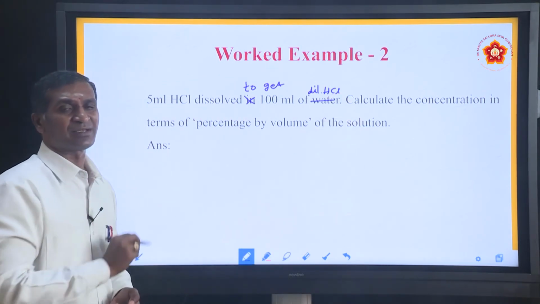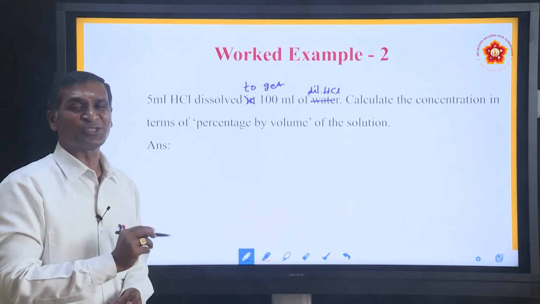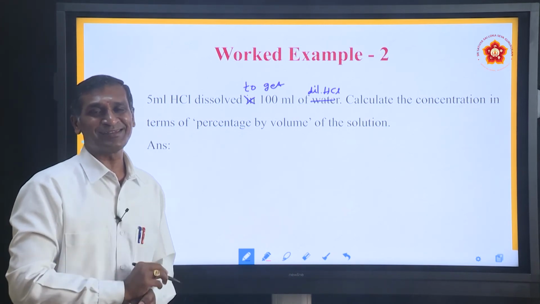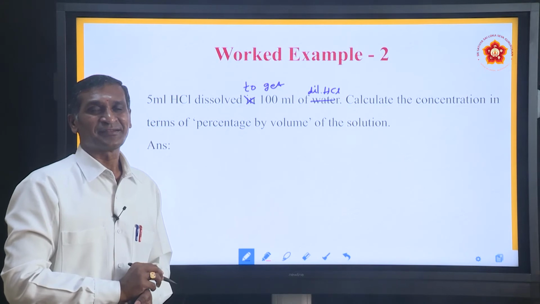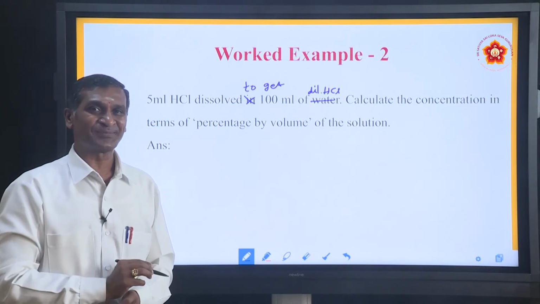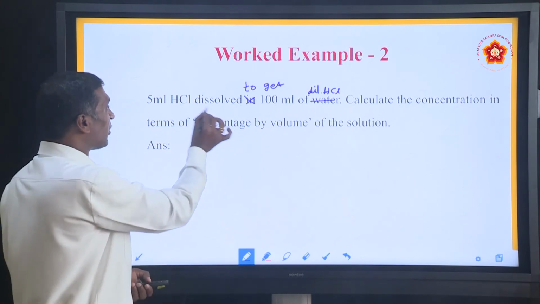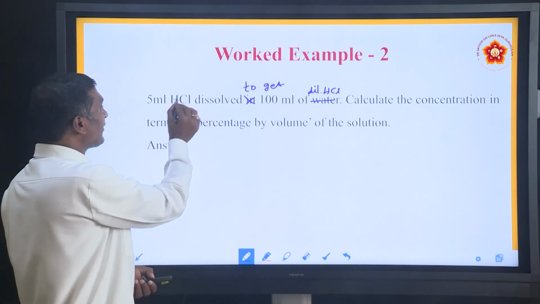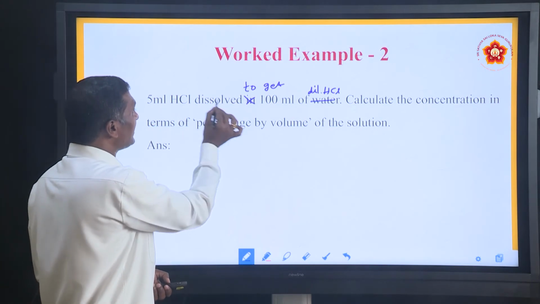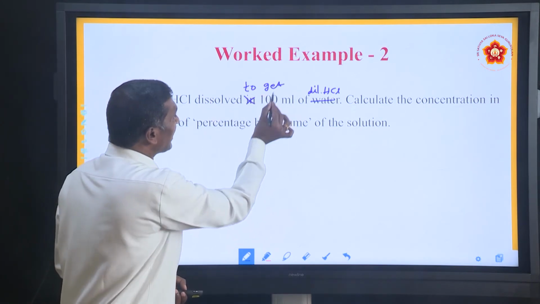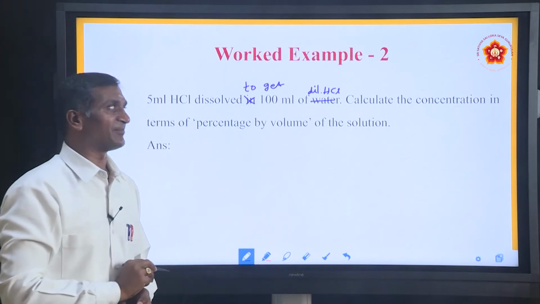Try to correct it. To err is human, to forgive is divine. No man is perfect. So, errors come, let us correct. So, the problem you correct it: 5 ml of HCl dissolved to get 100 ml of dilute HCl.